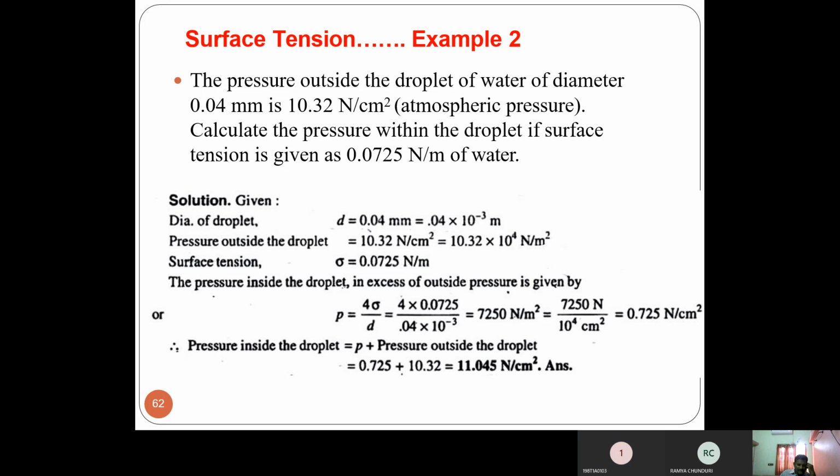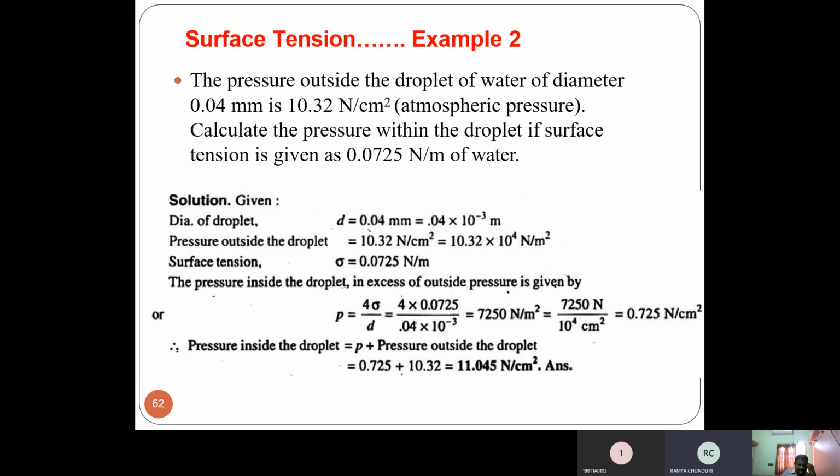The pressure outside the droplet is 10.32 Newton per centimeter square. Convert it into meters, with 1 centimeter equal to 10 to the power of minus 2 meter. We will get 10.32 into 10 to the power of 4.